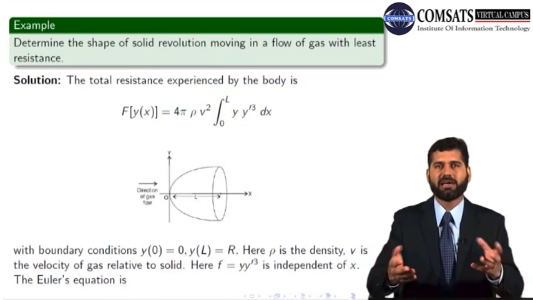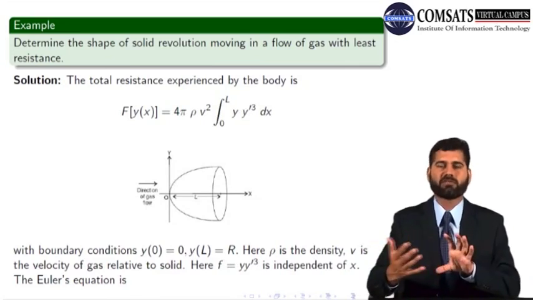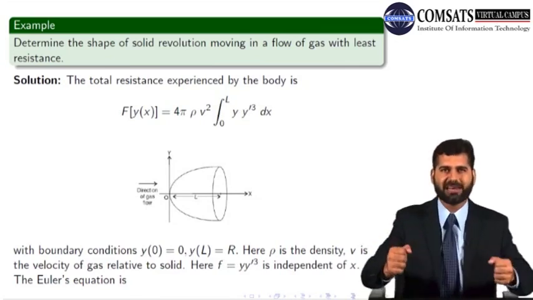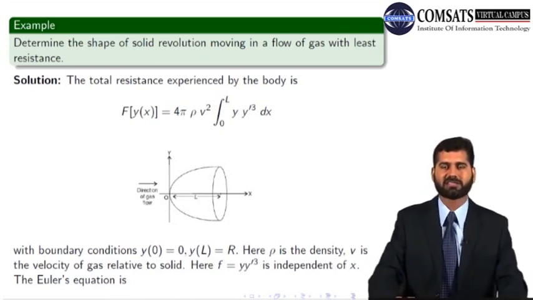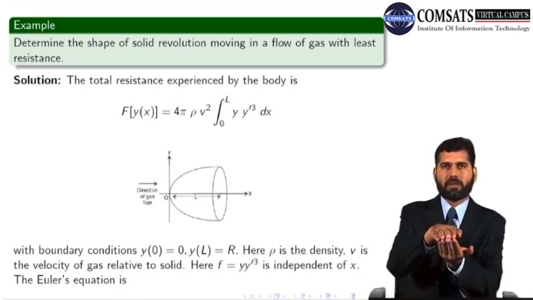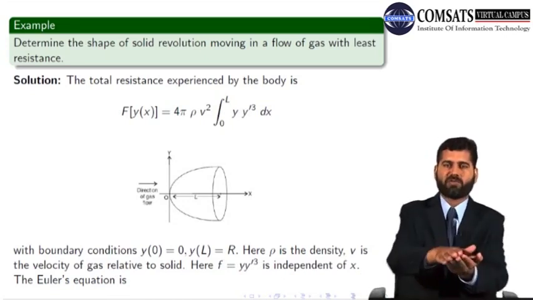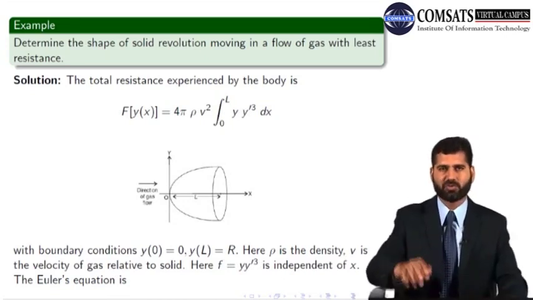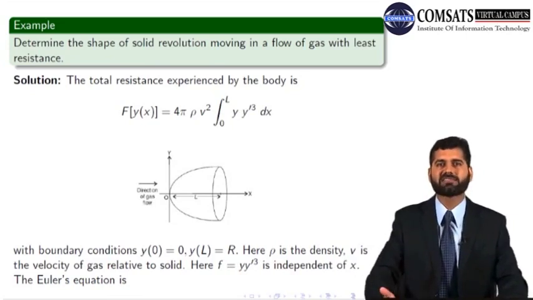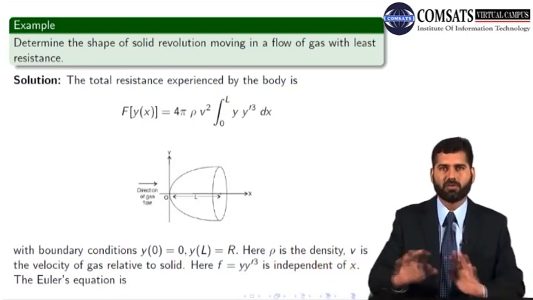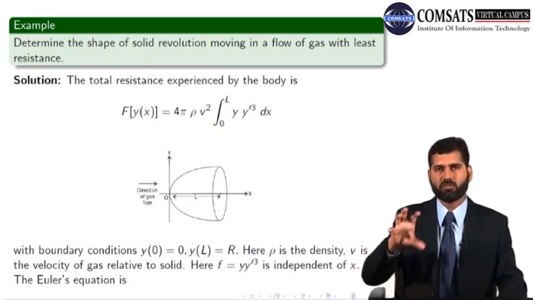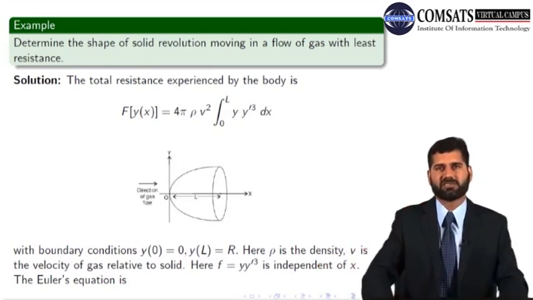If the resistance is bigger, of course you need more fuel and more energy, and your engine will be exhausted. So you need a shape of your object so that it moves very conveniently through the air, which gives the least resistance. Your moving object will become efficient on fuel as well. Whatever your objective is, we don't go into that. We just want to make a shape that gives you the least resistance.